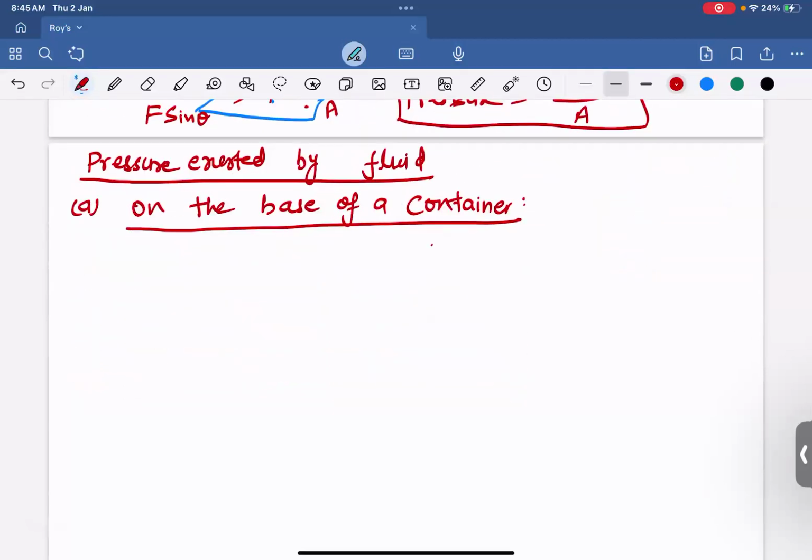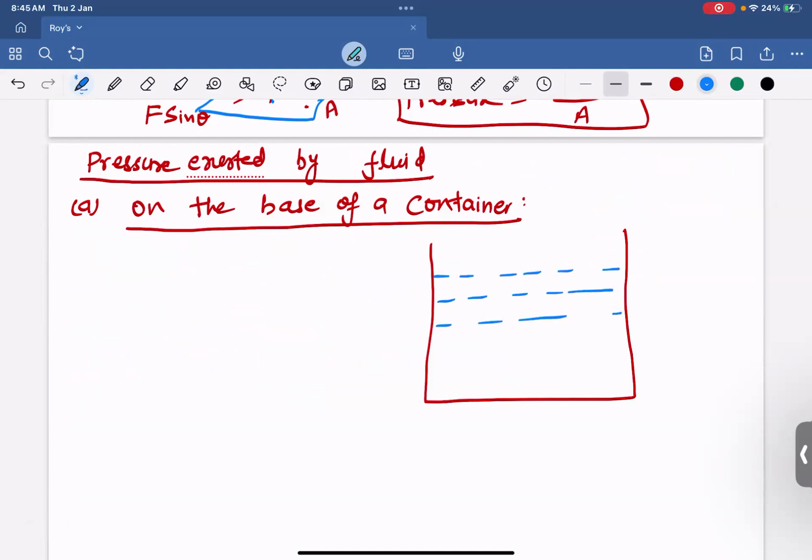So let's suppose I have a container, and in this one liquid is there. You can take the area also here. This is the area here.